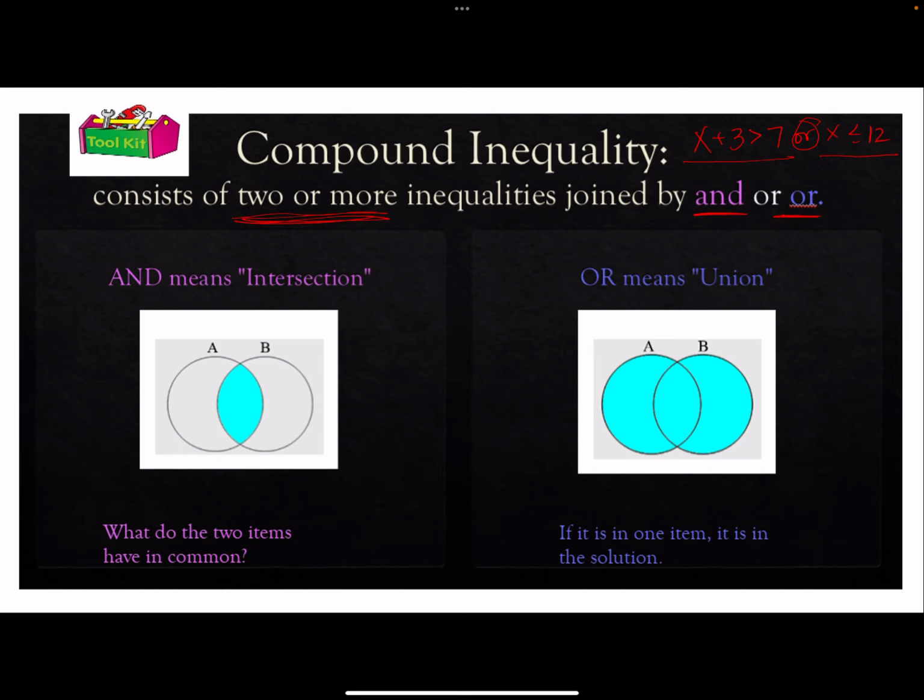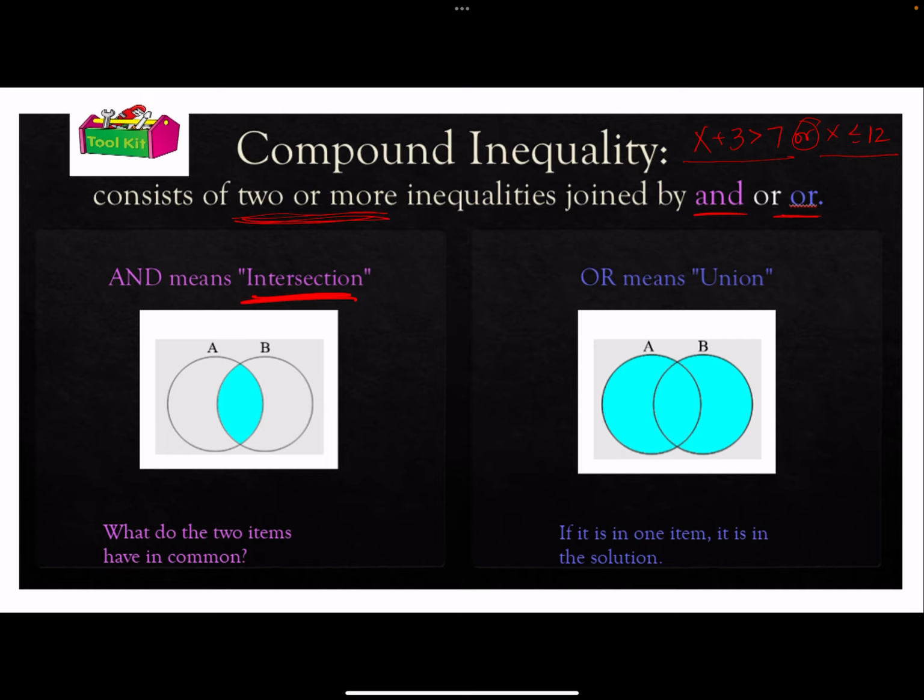So now that we know what a compound inequality is, let's talk about what the words and or mean. You know what the words and or mean, but specifically in math, when we say and, we mean intersection. We mean like this and this. So like both.